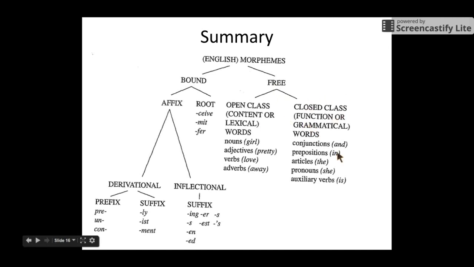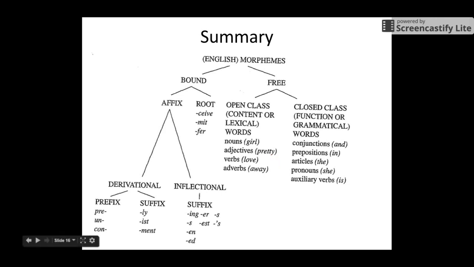If it has an abstract meaning and is a closed class, then we have a functional morpheme, for example conjunctions, prepositions, articles, pronouns, and auxiliary verbs. And then we have open classes as well, which have more solid semantics.